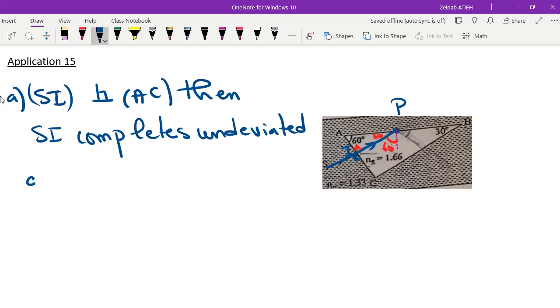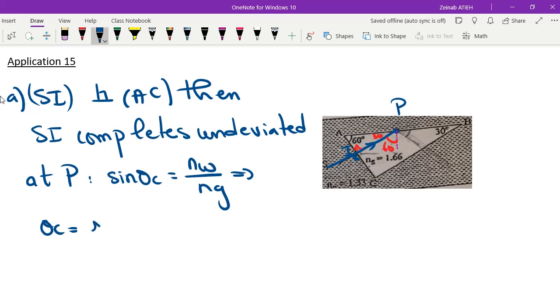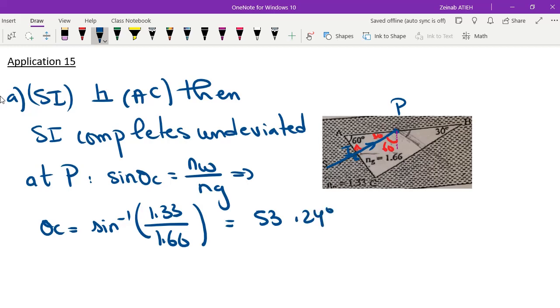So at P, let's calculate the critical angle: sin theta critical equals the smaller over the bigger, so water over glass. This implies theta critical equals sin inverse of 1.33 over 1.66. Do your calculation and it's 53.24 degrees. Our angle of incidence I at point B is greater than theta critical. In this case, we will have total internal reflection.